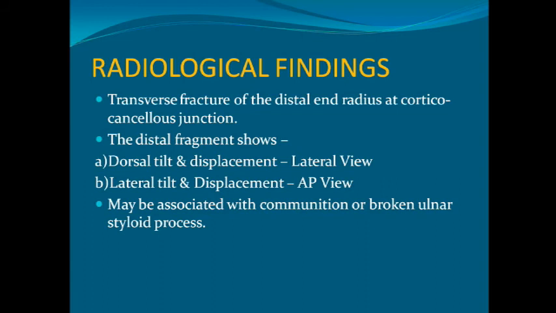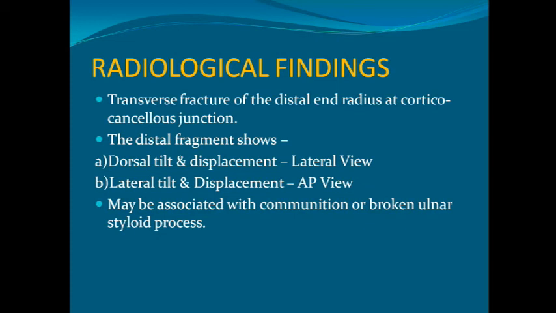So for diagnosis you will do X-ray. You will find there is fracture of distal end of radius. In lateral view you can see these two displacements. Just imagine lateral view. If you are seeing the wrist from this side, obviously we can say whether the movement is to the dorsal side.